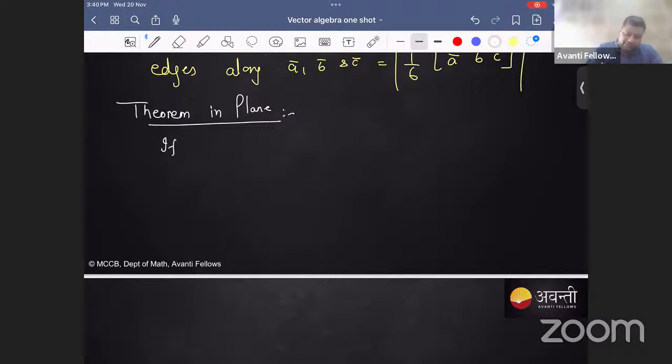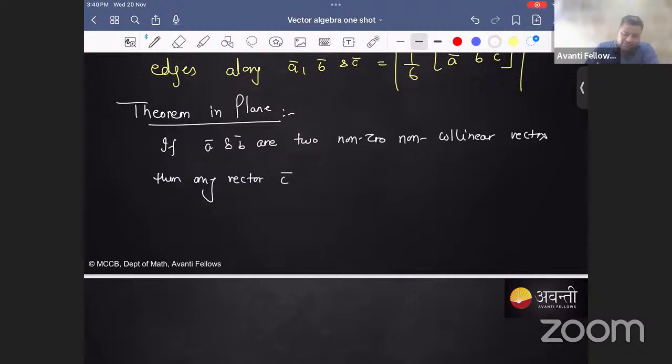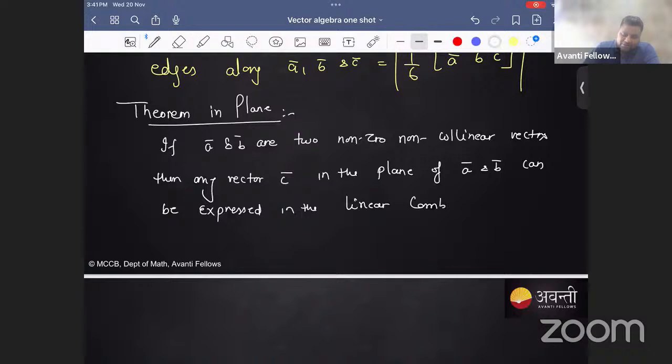The theorem says if A and B are two non-zero, non-collinear vectors, then any vector C in the plane of A and B can be expressed as a linear combination of A and B.